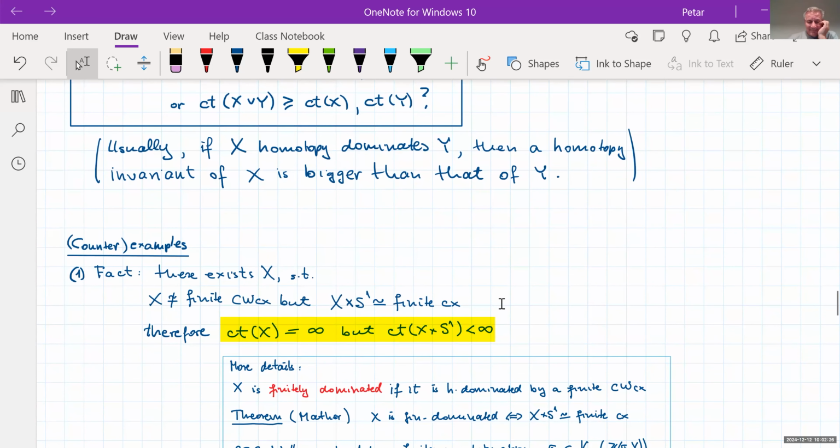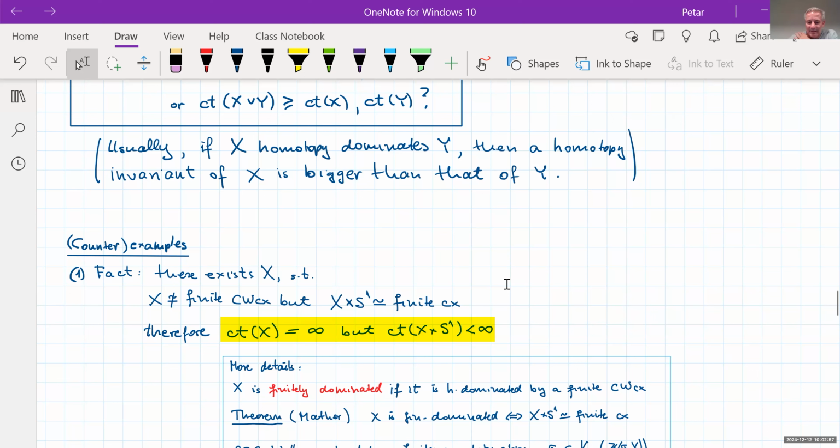First, you maybe know that there exist complexes X such that X is not homotopy equivalent to a finite CW complex, but when you multiply it by a circle, it becomes homotopy equivalent to a finite CW complex. This is related to Wall's finiteness obstruction, and there are explicit examples.